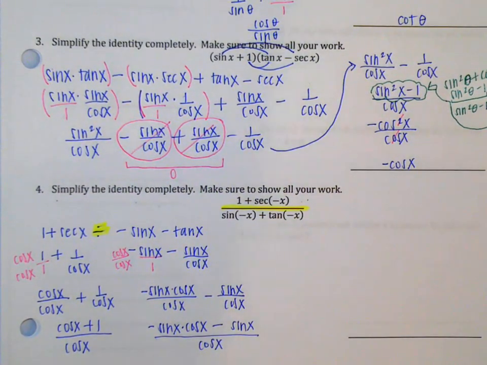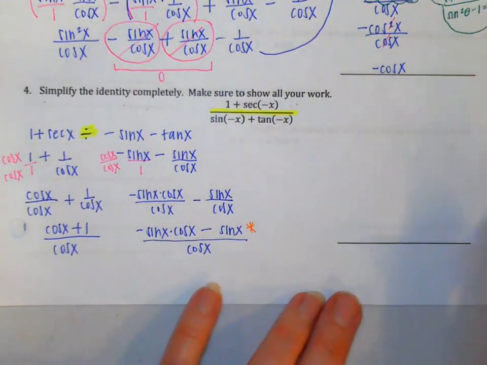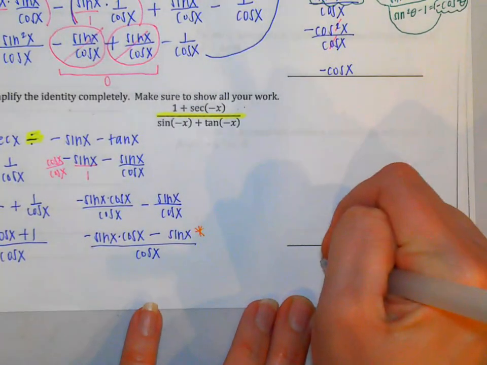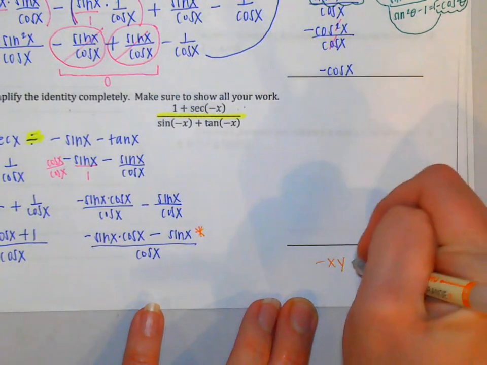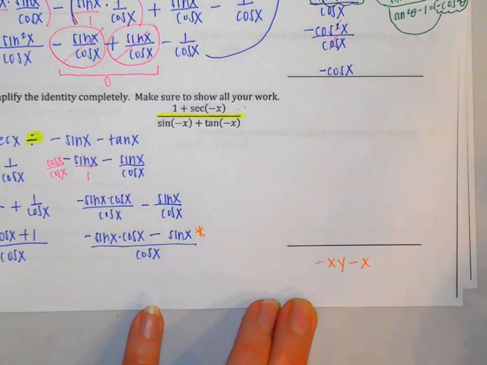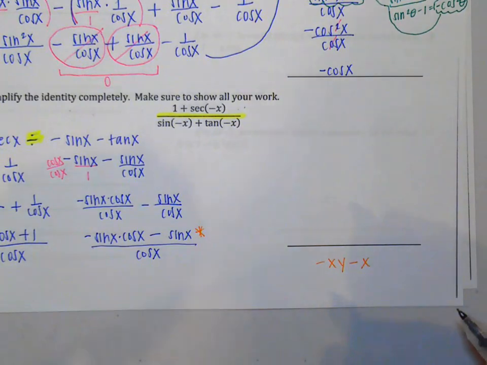So, okay, let's do a little side thought here. If I had, I'm going to write it down here, negative xy, x being sine, y being cosine, minus x, x again being sine, what could I do to simplify?